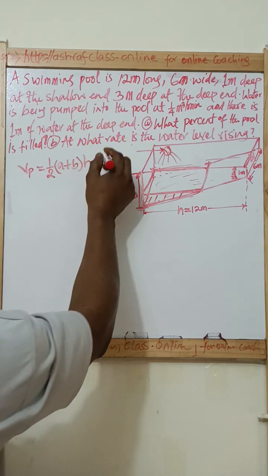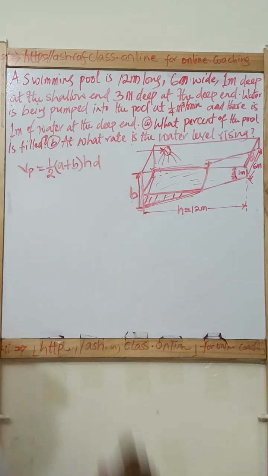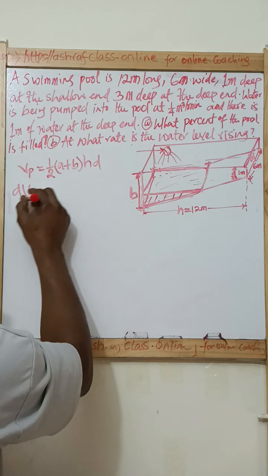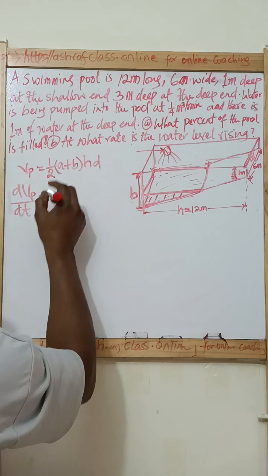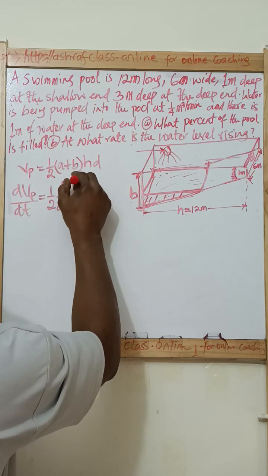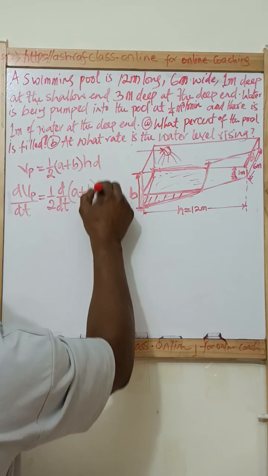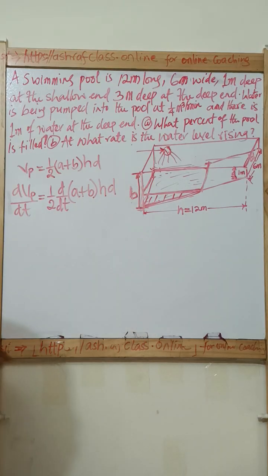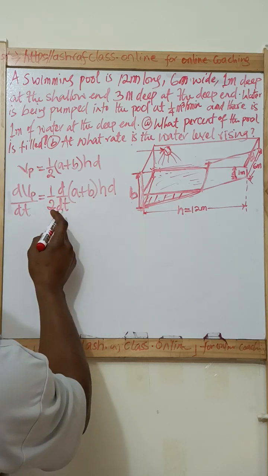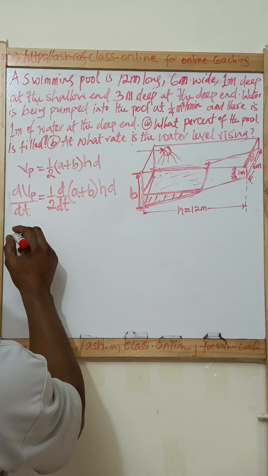Okay, but we are going to differentiate this with respect to what? With respect to time. So with respect to time, this is going to be dVP/dt. It's going to be half times d/dt of A plus B times H times D, right? Okay, so from here now, what is the differentiation of this one?